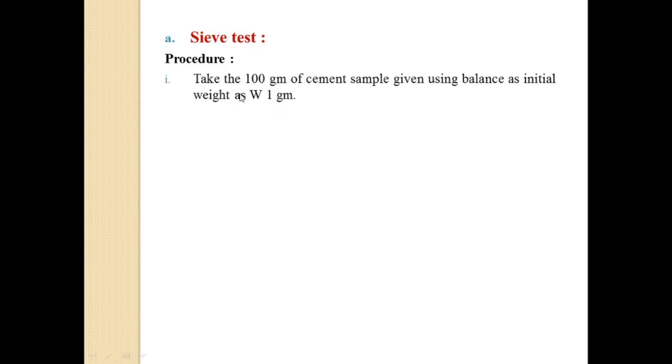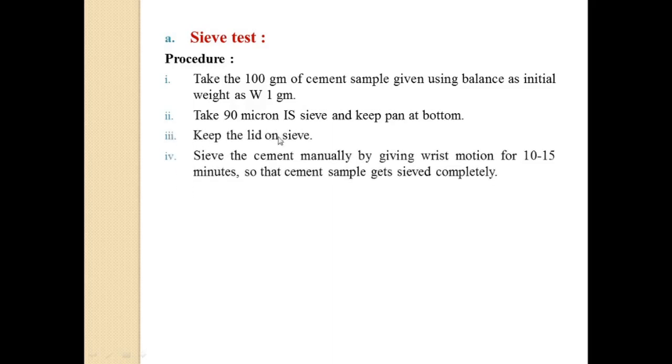Firstly, we take 100 gram of cement sample using the balance as the initial weight W1. Second, take the 90 micron IS sieve and keep the pan at the bottom and the lid at the top. Next, sieve the cement manually using wrist motion for 10 to 15 minutes. Means we are giving horizontal, vertical and circular motion, shaking the sieve for 10 to 15 minutes so that the cement sample gets sieved completely.